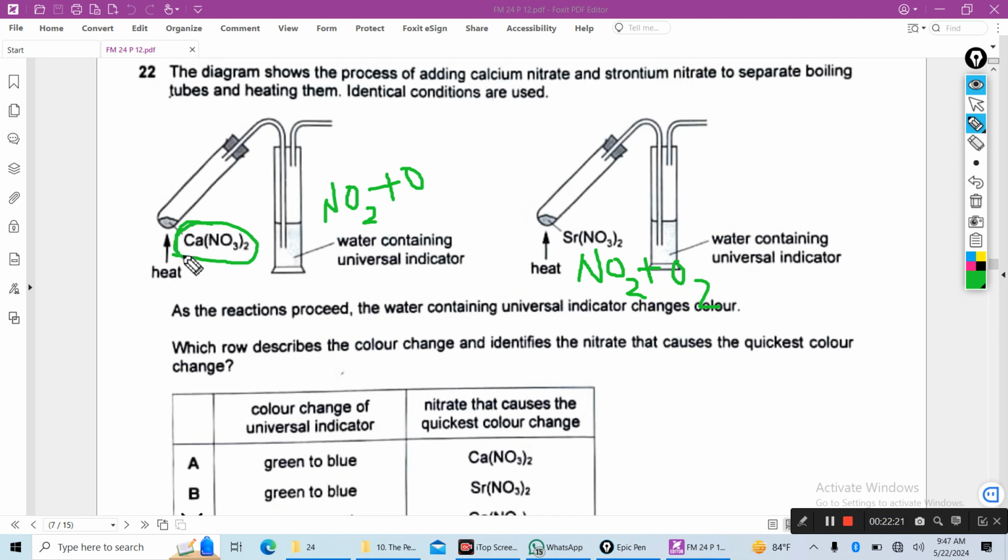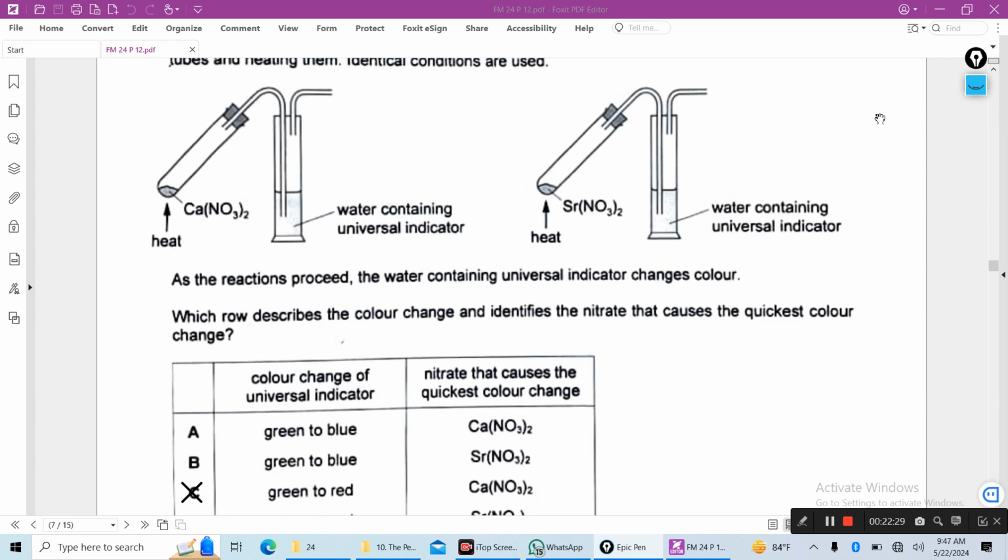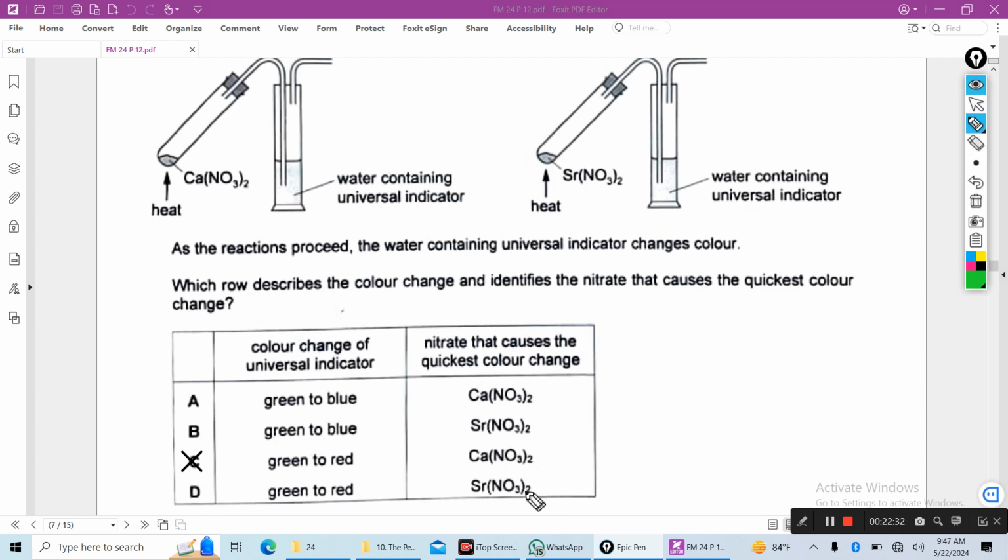That means calcium nitrate decomposes quickly. So the answer will be calcium nitrate, C, and green to red.